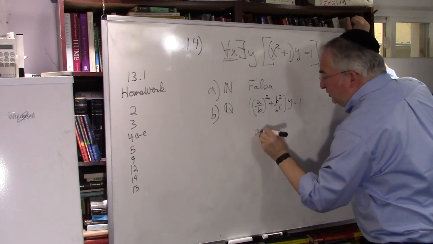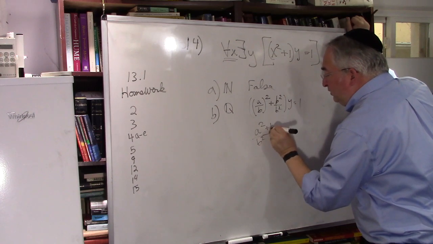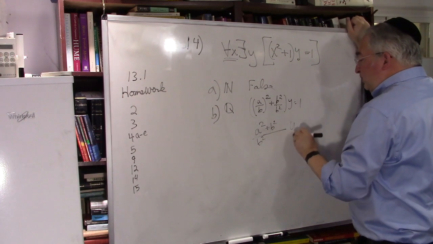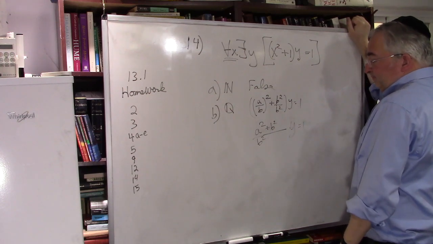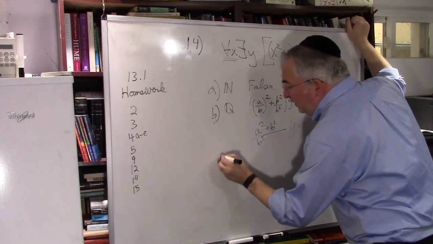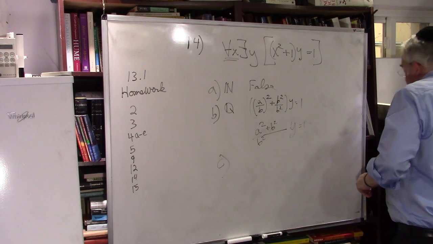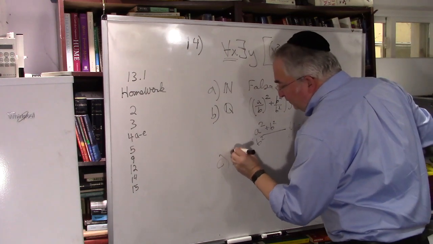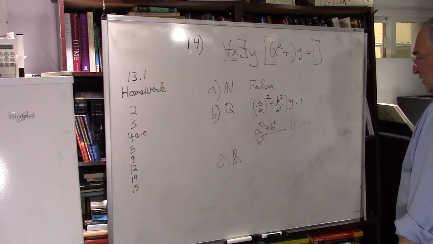So this becomes a squared plus b squared over b squared, times y is equal to 1. I'm going to leave this alone and see. This is about the real numbers. I suspect that they're going to give you something like this.